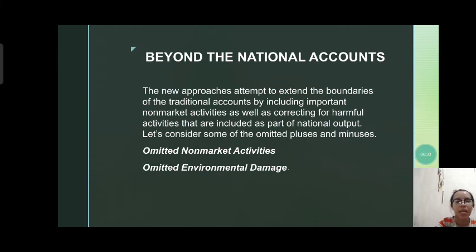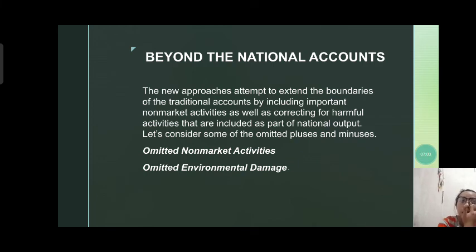Beyond the national accounts. The new approaches attempt to extend the boundaries of the traditional accounts by including important non-market activities as well as correcting for harmful activities that are included as part of national output. These consider omitted pluses and minuses.